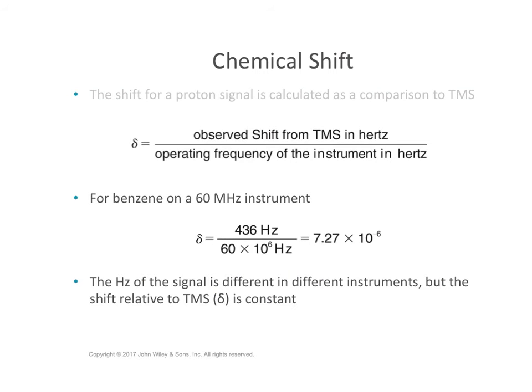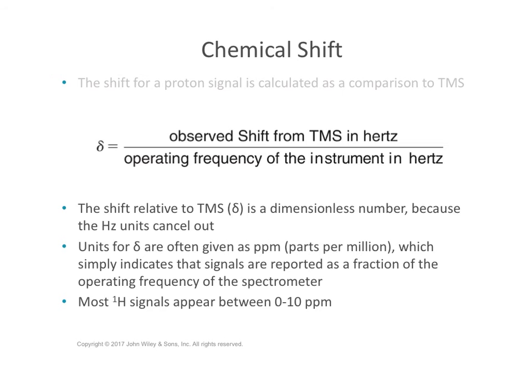The hertz of the signal is different in different instruments, but the shift relative to TMS is constant. So regardless of the strength of the instrument that you're using, the chemical shift that you will get will be the same. The chemical shift is a dimensionless number because the hertz units cancel out.